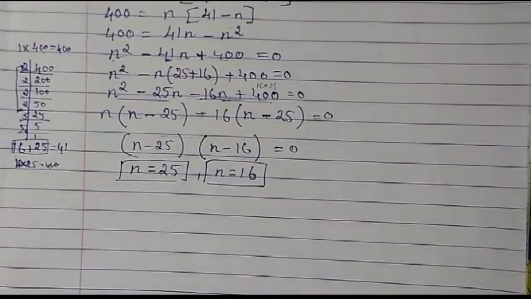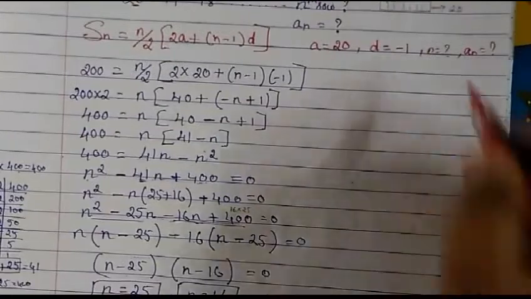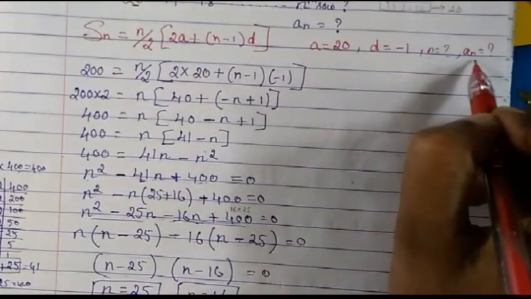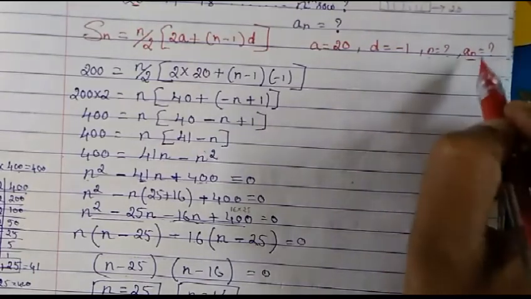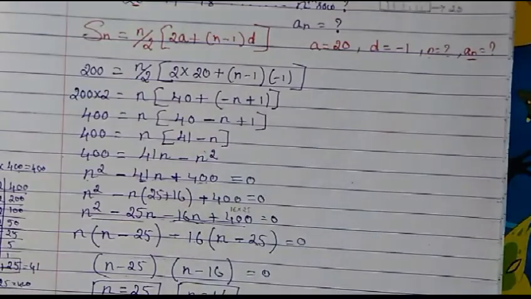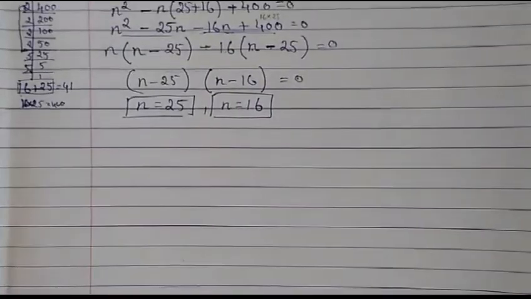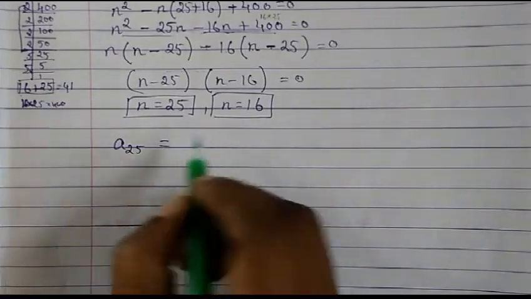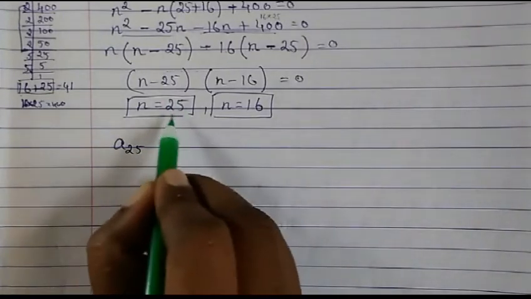Okay, so to find out, we have to find the an now. So we got two values of n, and which one is correct we will find out by finding out how many logs come in the top row. So an, let's do it. A25, because we will take the n value 25 first.